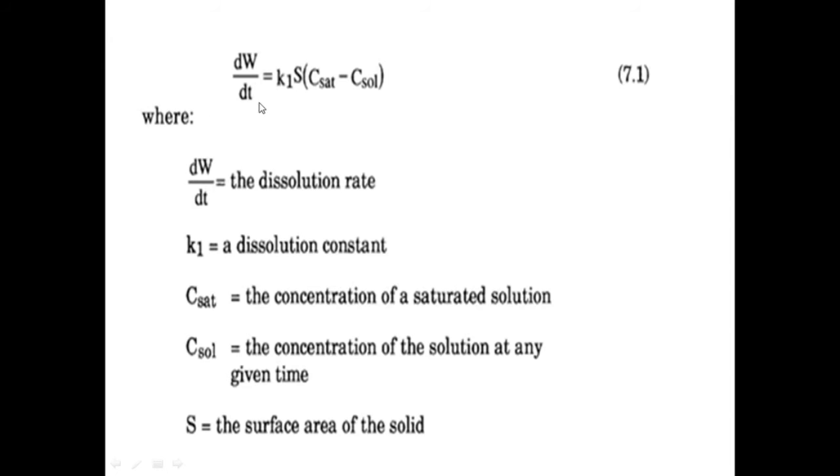dW/dt = k1 S (C saturated - C solution), where dW/dt is the dissolution rate, small k1 is a dissolution constant, capital C saturated is the concentration of a saturated solution, capital C solution is the concentration of the solution at any given time, and capital S is the surface area of the solid.